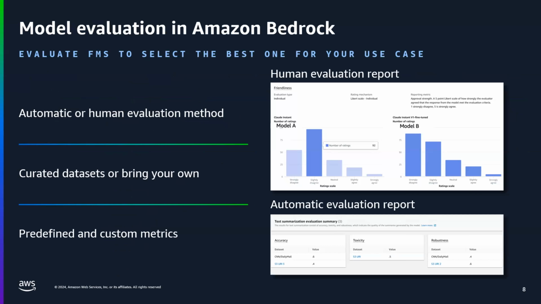And then there is a human evaluation method where you can give your teams access to the model, to the output, and evaluate the model's output based off of your own data sets. And this has been really good for helping teams narrow down the right model for their use cases.